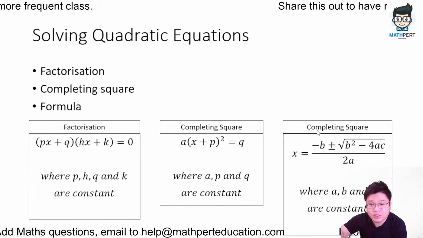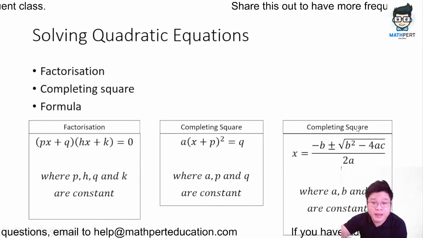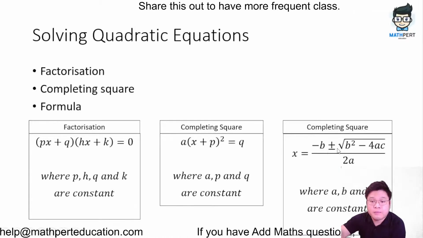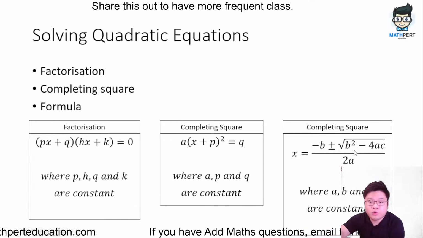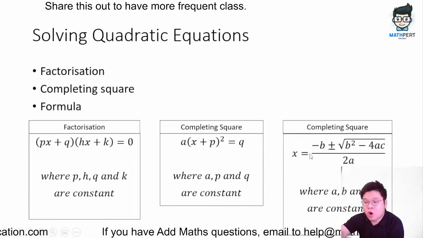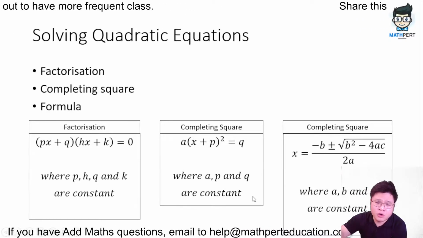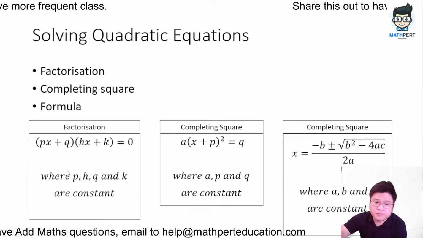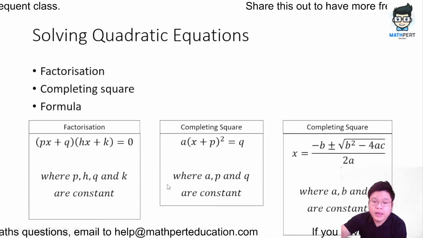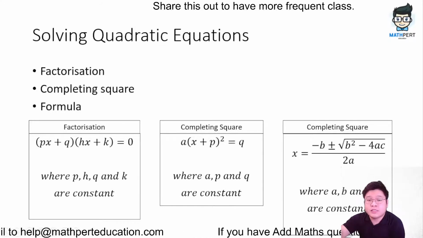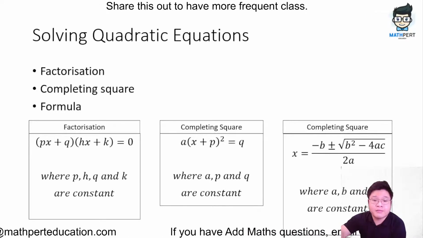Sorry, this is the formula method: x equals negative b plus or minus the square root of b squared minus 4ac, over 2a. All of these, p, q, h, k, a, b, c, are constants, meaning they are numbers.